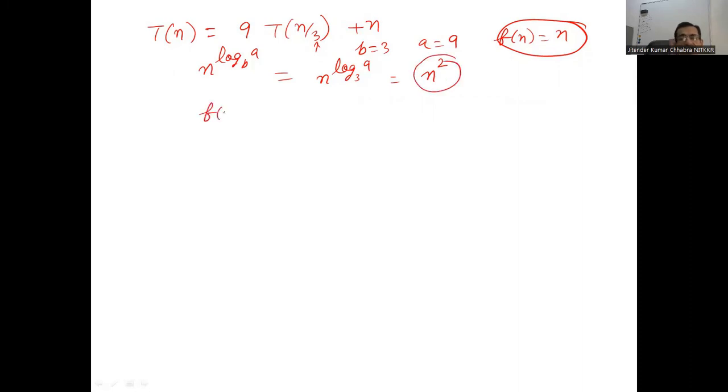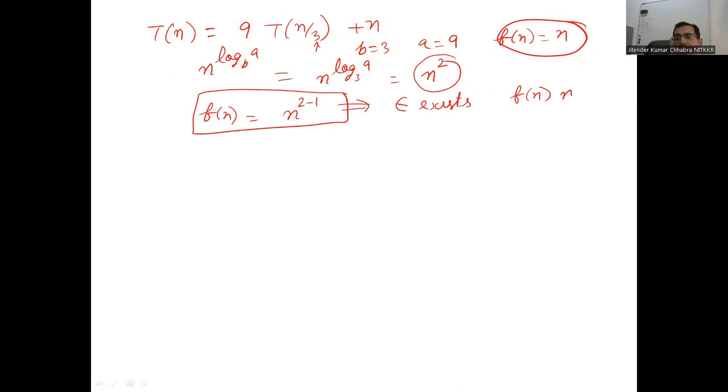I can guaranteedly write Fn as n raised to 2 minus 1, which means that epsilon exists, because I wanted Fn to satisfy n power log base b of a plus or minus epsilon. In this case, epsilon exists. So case 1 is applicable, and I assume it is polynomially smaller.